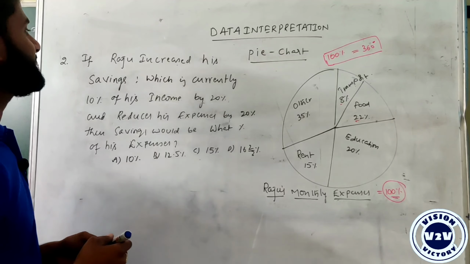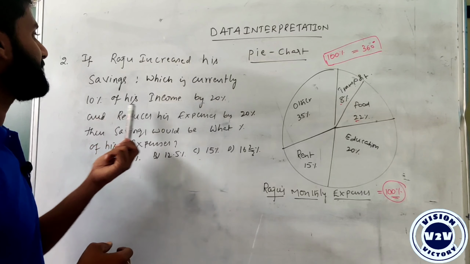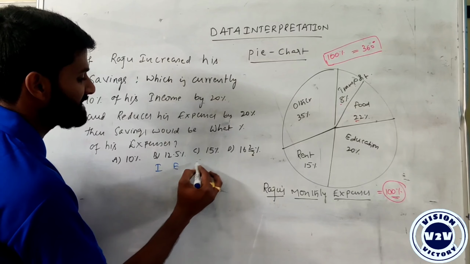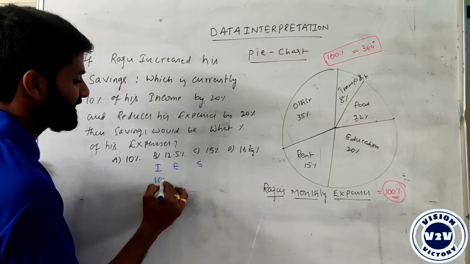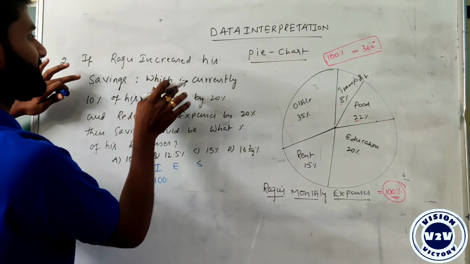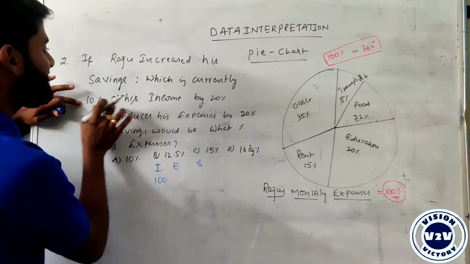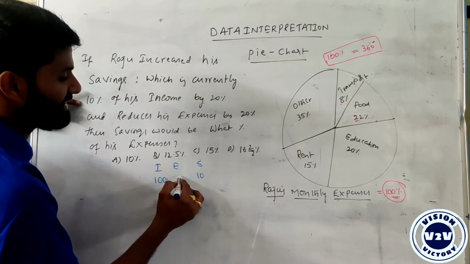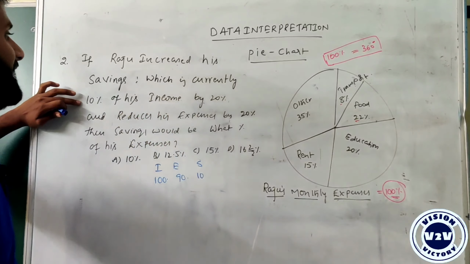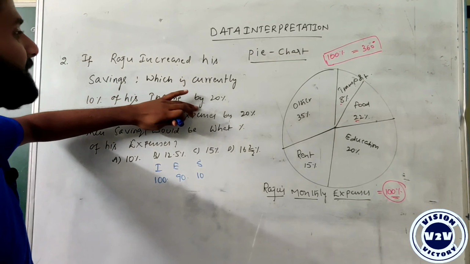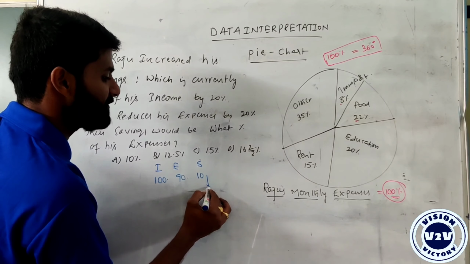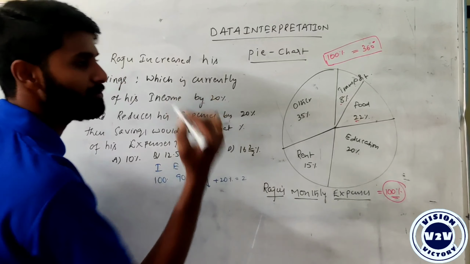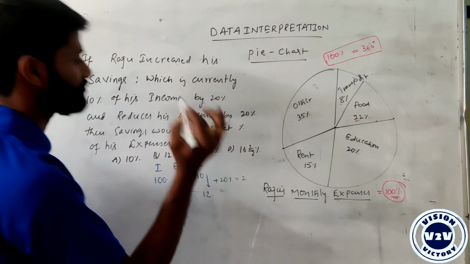Second question. If Raju increased his savings, which is currently 10% of income, by 20%. See, income, expenditure, savings. Current income is equal to 100. The savings is currently 10%, which means the value becomes 10 and the expenditure becomes 90. If the savings increases by 20%, 20% of 10 is 2, which means the savings becomes 12.